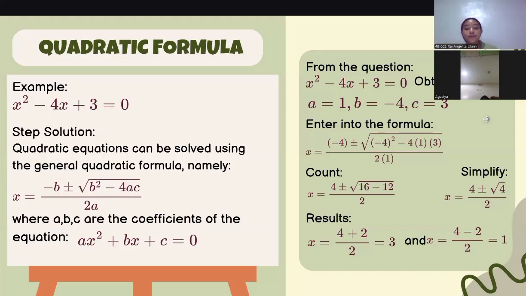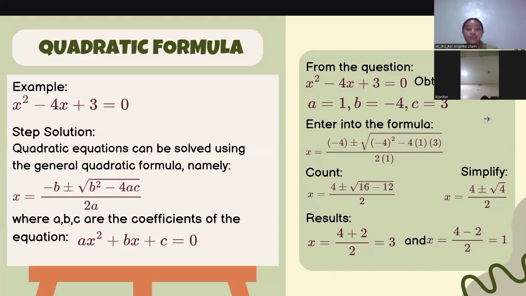From this equation, we get a = 1, b = −4, and c = 3. Now we substitute these values into the quadratic formula. Be careful with the negative sign. Since b equals negative 4, then negative b equals 4.